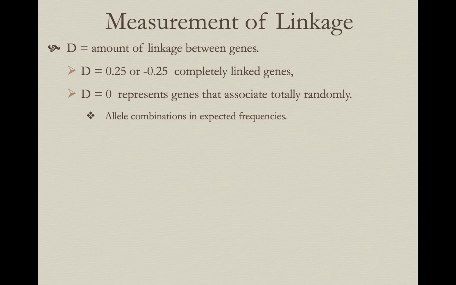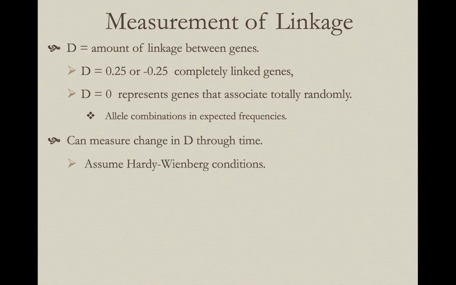Just know that those extreme numbers represent completely linked genes, a complete pattern of linkage disequilibrium. Once we get to a D of 0, this represents genes that are associating gene loci where their alleles are associating totally at random. So all allelic combinations are seen as expected. So when we have D of 0, we're saying we have linkage equilibrium.